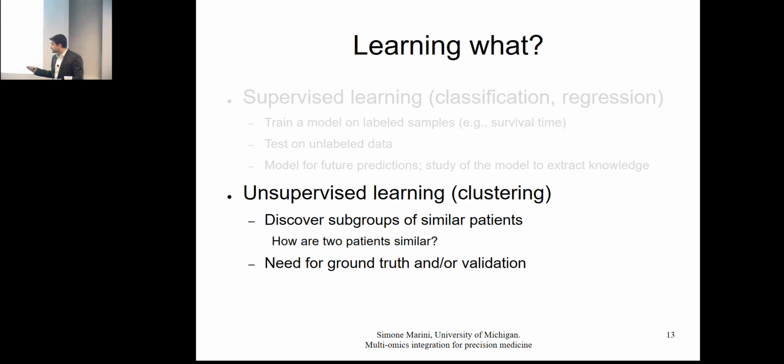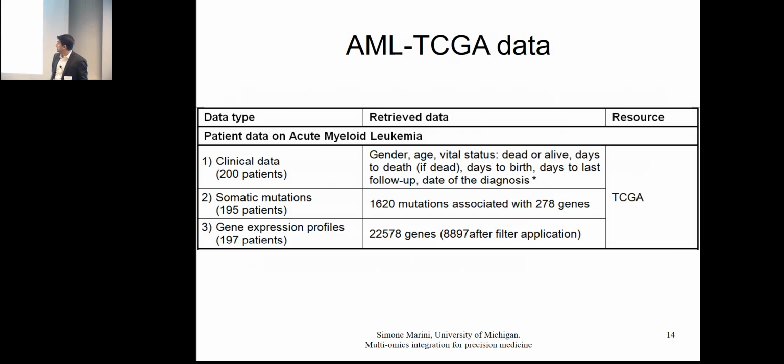Of course, we need ground truth or validation to prove that the clusters that we find are meaningful. But if we are going to find the clusters, we don't know from the beginning how they are distributed. We are discovering stuff, we are discovering signatures, we are discovering groups of similar patients. So this is not supervised learning.